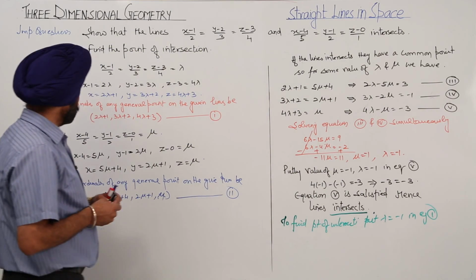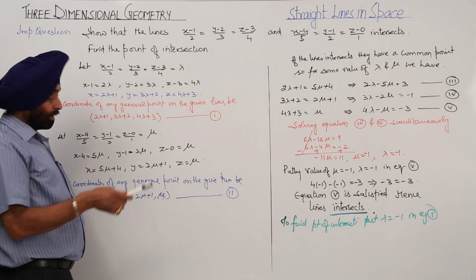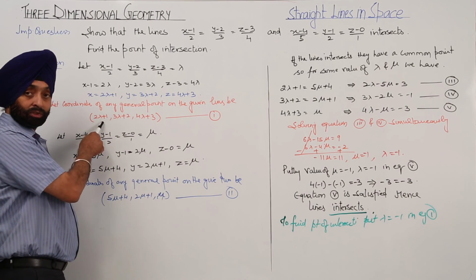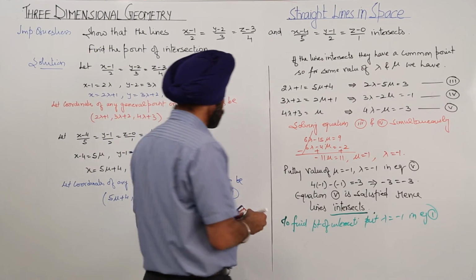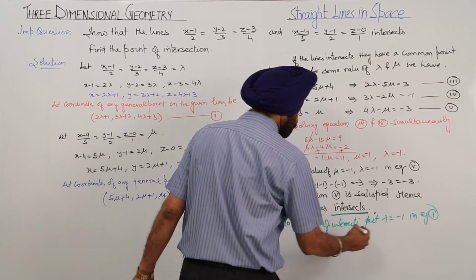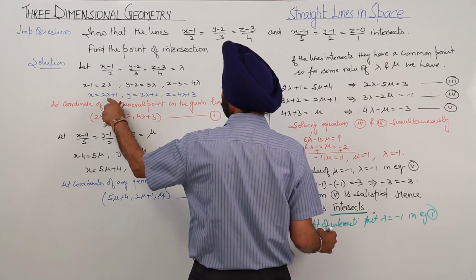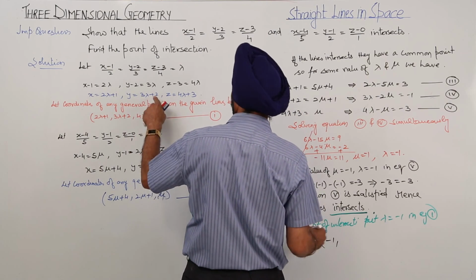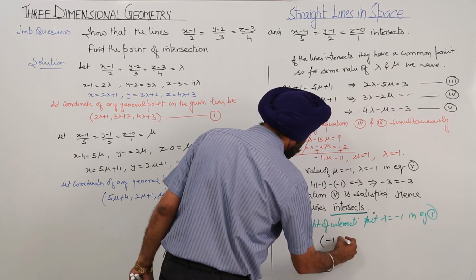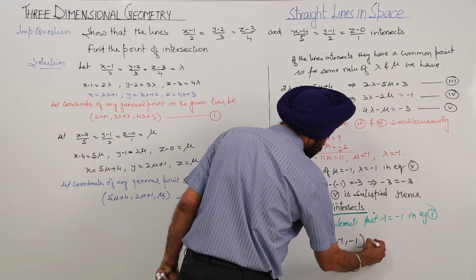The same coordinates will be obtained in the other too. So when lambda = minus 1 in equation 1, we get negative of 2 plus 1 is minus 1, so the point is (minus 1, minus 1, minus 1). Answer.